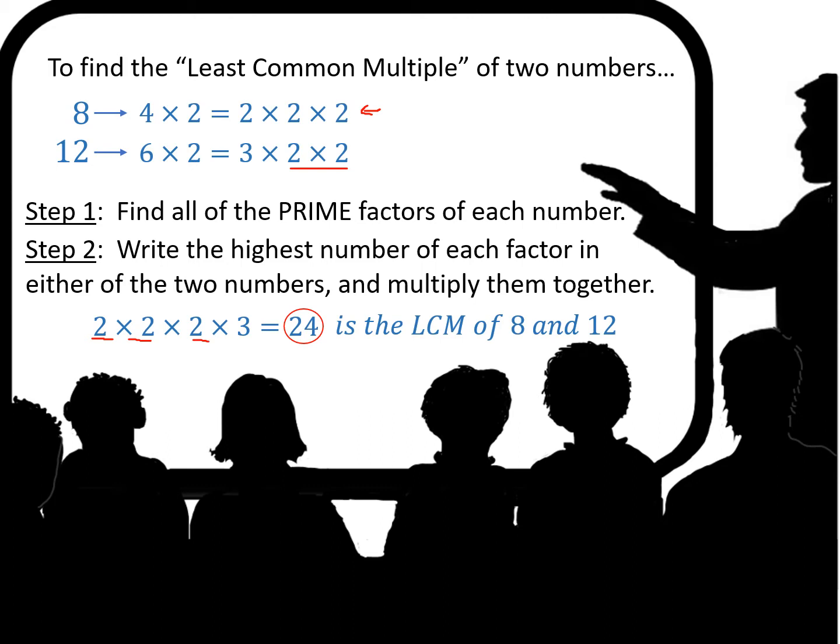And then in 6 times 2 we have 3 as the prime factor, and since there is no other 3, it's just going to be one of those. Then we multiply all those numbers together. 2 times 2 is 4, times 2 is 8, times 3 is 24. 24 is the least common multiple, that's what the M stands for, of 8 and 12.